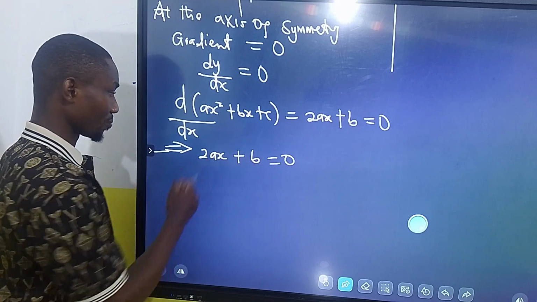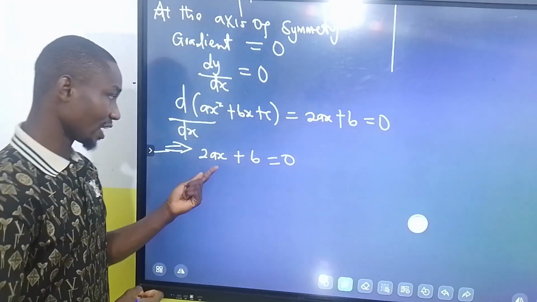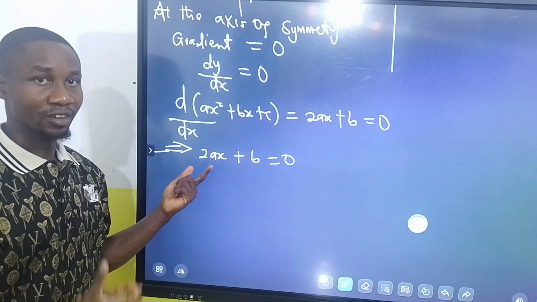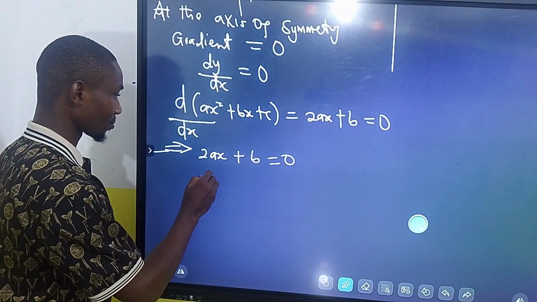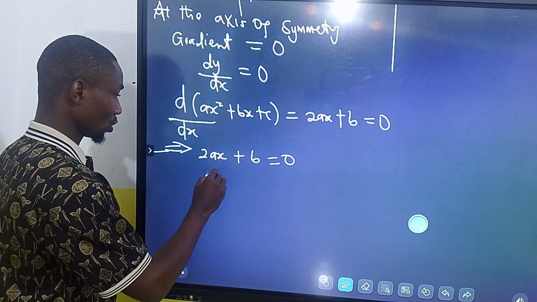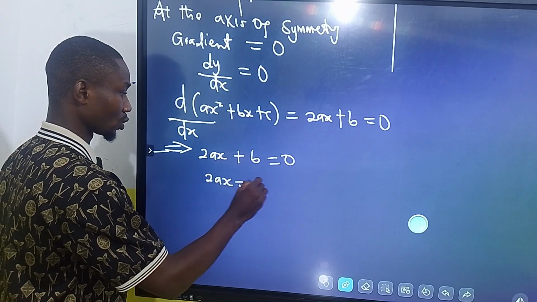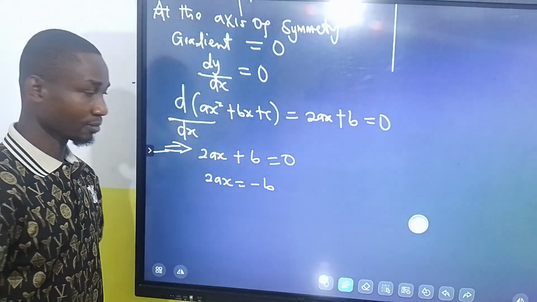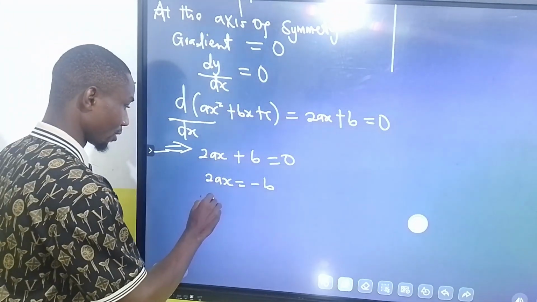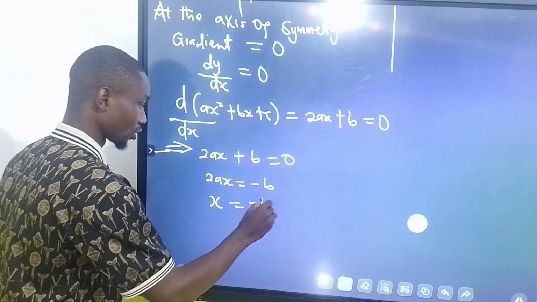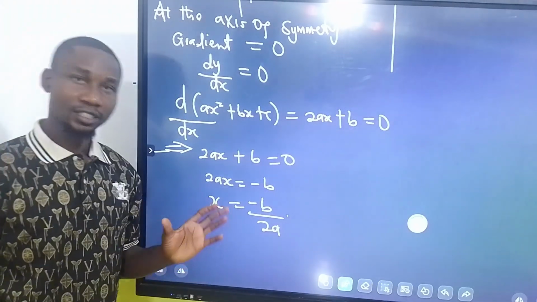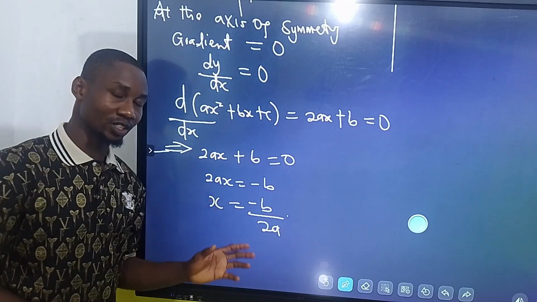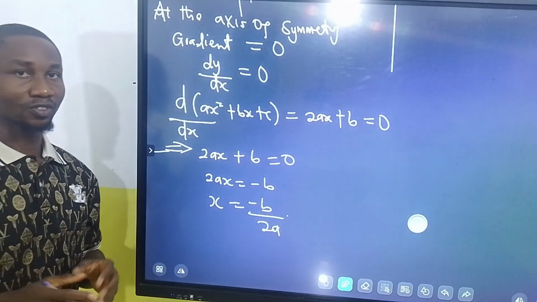So what do I have? Make x the subject of the formula. This x is simply the equation for the axis of symmetry. I have 2ax is equal to minus b. Making x the subject of the formula, x will now be equal to minus b over 2a. So this x equal to minus b over 2a is simply your axis of what?